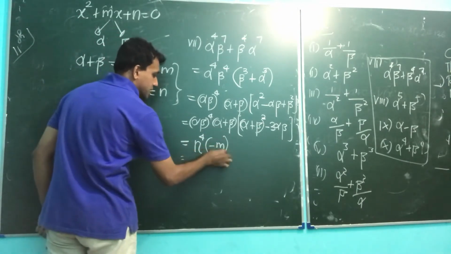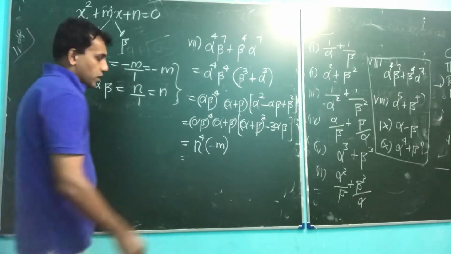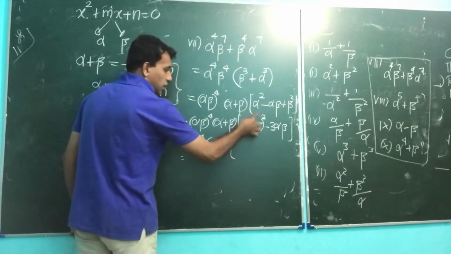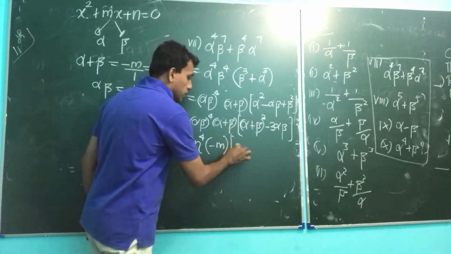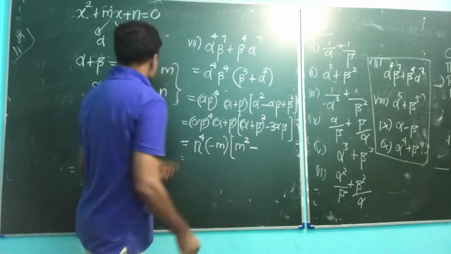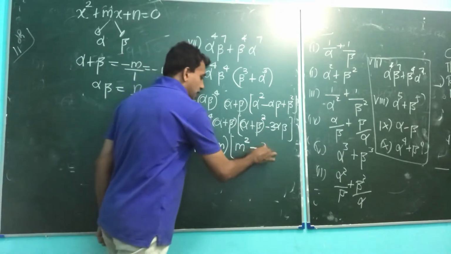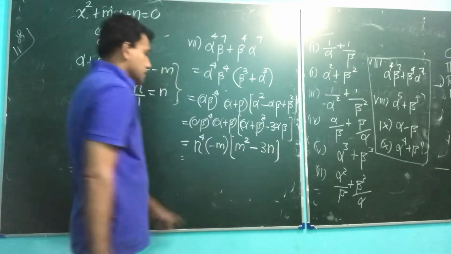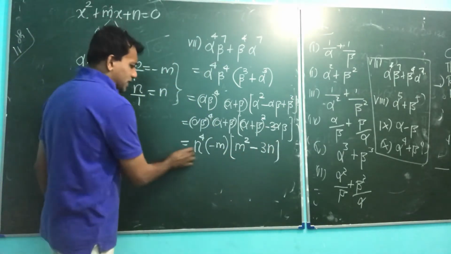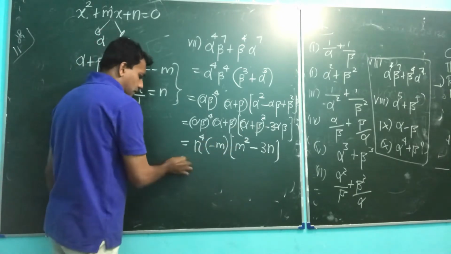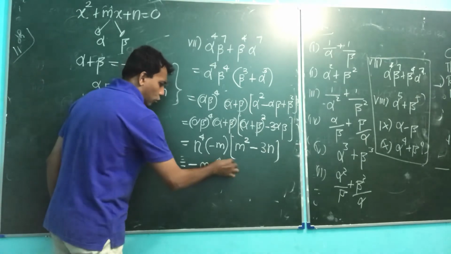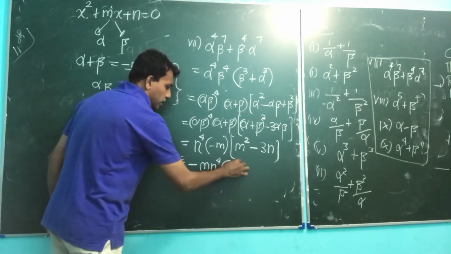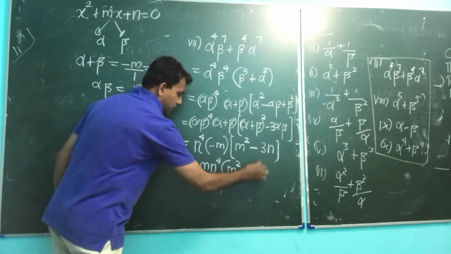But in the other bracket, alpha plus beta squared is m square, minus 3 alpha beta is 3n. That's the answer. Or if you want, you can take the minus out, or keep it: minus m n to the power 4 times m square minus 3n.